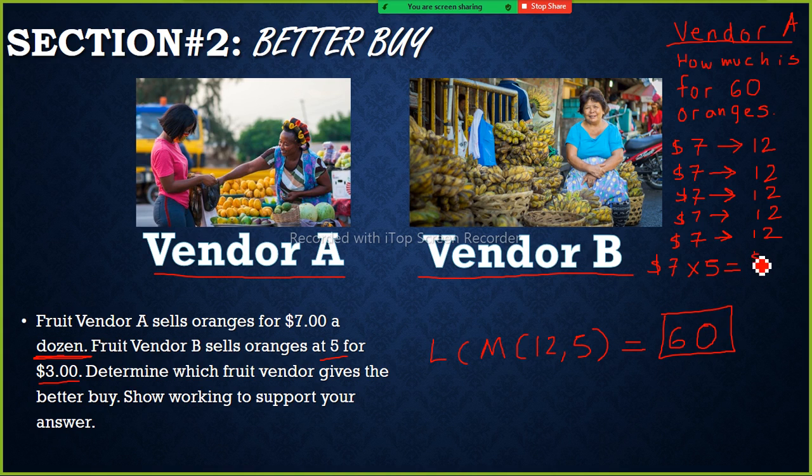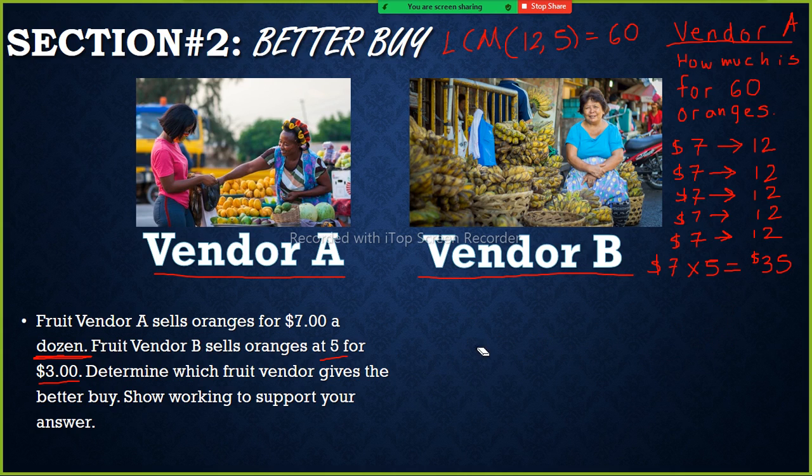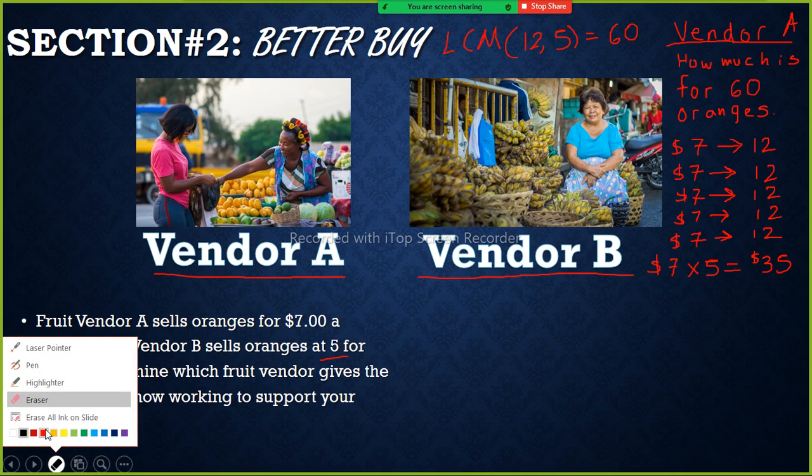So $35 is for 60 oranges at vendor A. The first step is to find the LCM of 12 and 5, which we found out to be 60. The second step is to figure out how much is for 60 oranges for vendor A, and then how much is for 60 oranges for vendor B.